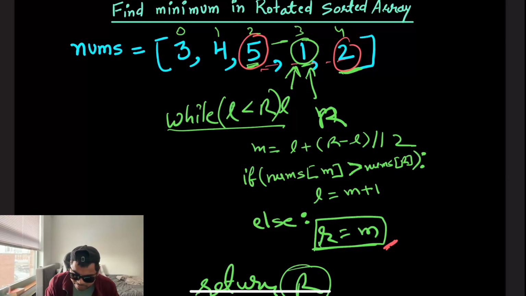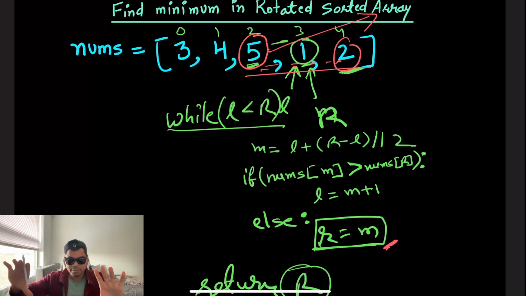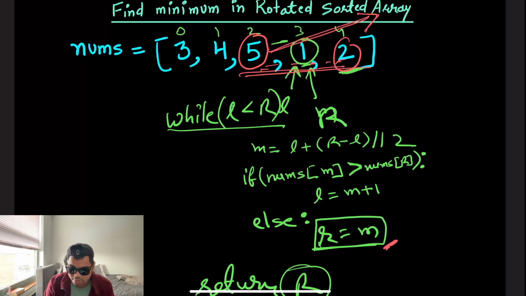If this was supposed to be smaller than this, which is this else case, then I know that in between these elements this must have incremented, gone up, because this is part of some sorted array. But in this case we know that there must be some downfall because this is not greater than 2, and 2 must have some element that's lesser than 2 that potentially is our minimum element.